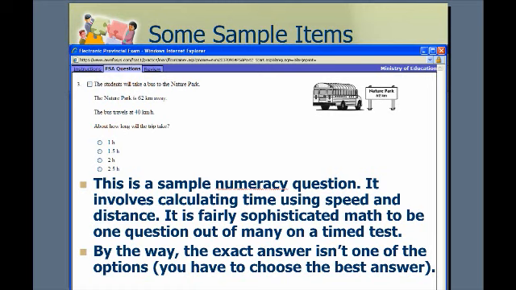So the point that I'd like to make about this question is that it's a pretty sophisticated question for a 9-year-old to be able to do. It involves calculating time using speed and distance, and it can be done. It's certainly something that I might expect a grade 4 student to be able to do.